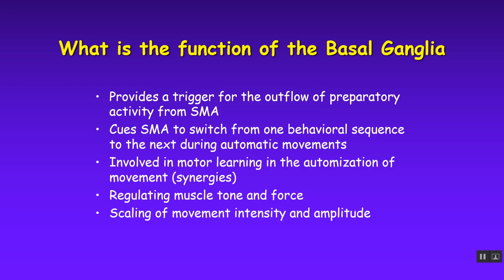Okay? This all works with your cerebellum too. And so the cerebellum and the basal ganglia working together in combination with your reflexes all influence how your motor output looks.